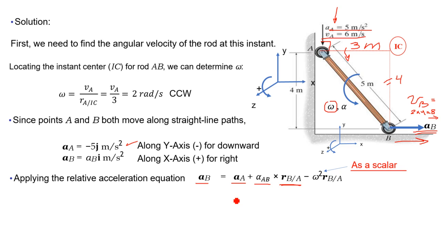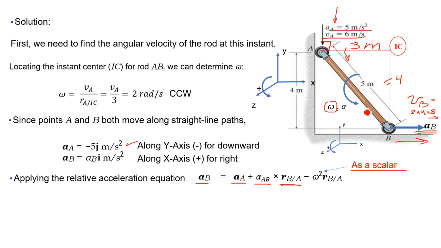So now we are going to substitute whatever we have. The a_B is a_B i. The a_A is minus 5j. The alpha_AB is going to be alpha_AB k multiplied by the r_BA. If I write down the length r_BA, the rod itself, as a vector, it's going to be 3 in the x direction, so 3 positive, minus 4 for the j.